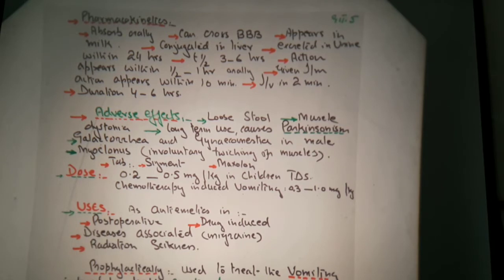For chemotherapy-induced vomiting, 0.3 to 1 mg per kg body weight can be given to patients who are on chemotherapeutic treatment or using chemotherapeutic agents. Uses as antiemetics are in post-operative, drug-induced, disease-associated conditions such as migraine, and radiation sickness.